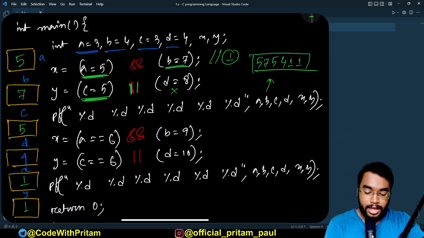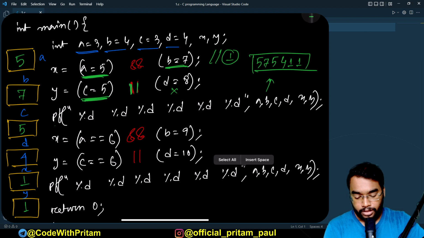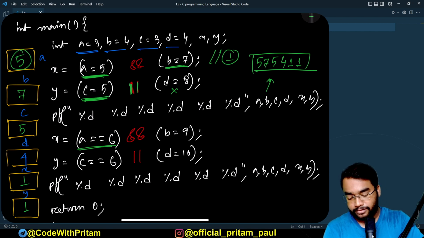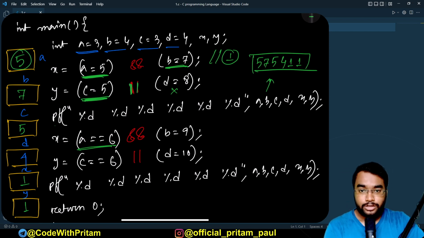Clear? Now in the next section, printf X equal to A equal 6. Now A is 5, so A equal 6 is not going to be true. That means this is false, then we won't be going to this section.